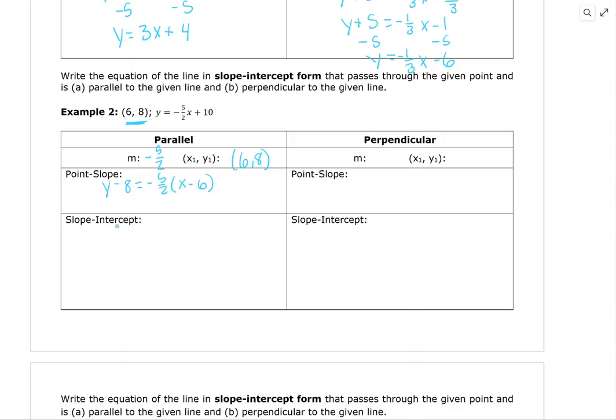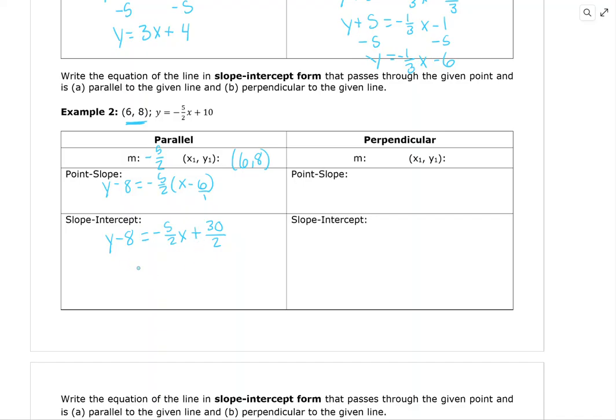First thing we're going to do is distribute. We have y minus 8 equals -5/2x. Remember, this 6 is over 1, so 5 times 6 is going to be 30 over 2 times 1, which would be 2, and it is a negative times a negative, so we are going to get a positive.